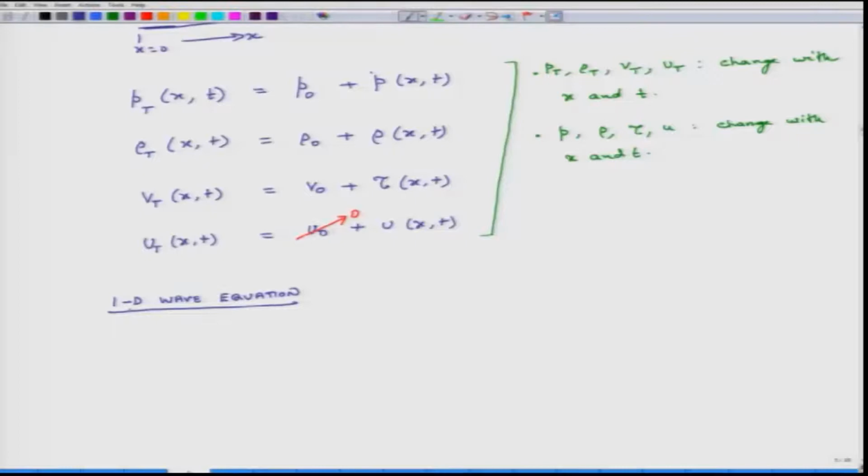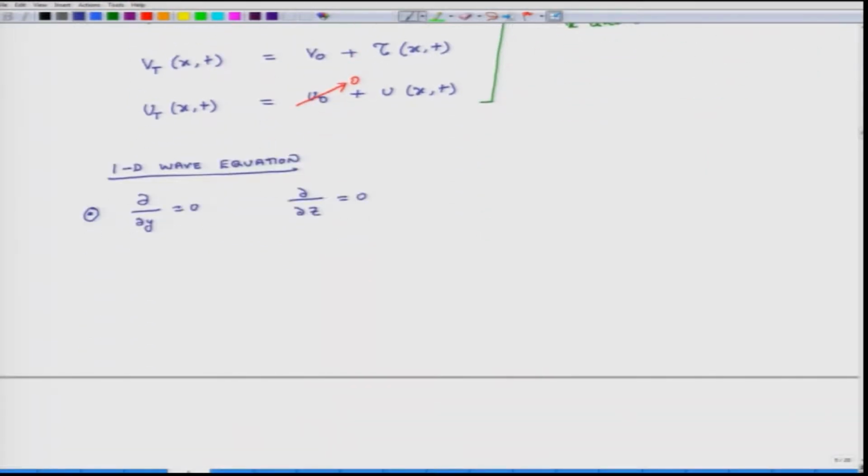So, because it is a one dimensional wave equation, later when we start doing mathematics, we should recognize that the partial derivative of any entity p, rho, V, u and so on in the y direction is 0, and the partial derivative of any entity in the z direction is also 0. So, this is one assumption we are making, because it is a one dimensional wave equation.